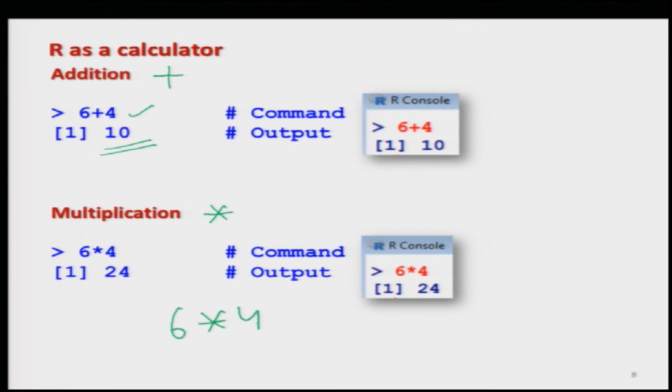And I just want to make it clear that there is no issue of the blank space between the two numbers. For example, if I want to write here 6 times 4, I can write 6*4 continuous without any blank space between these three values, or I can write 6, blank space, star, some blank space, and here 4.